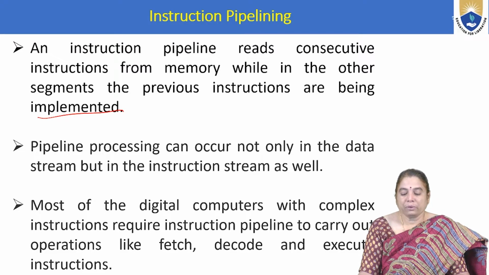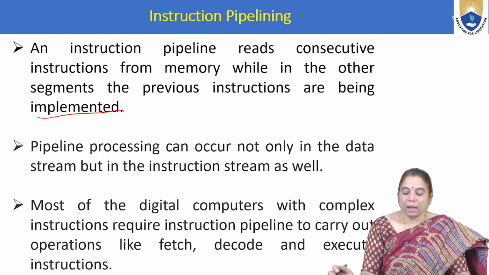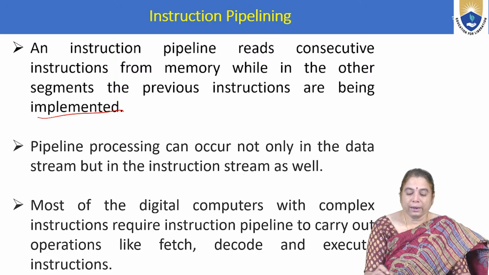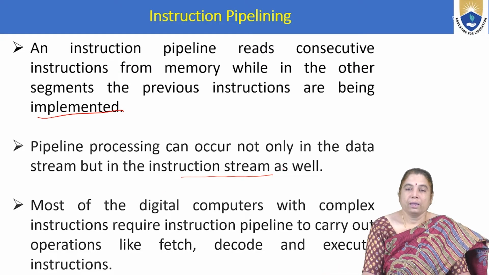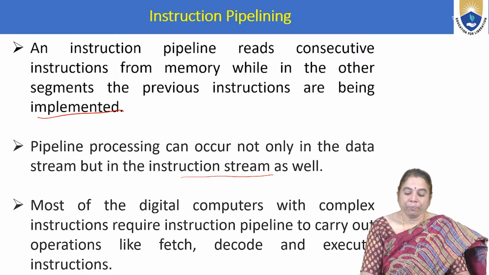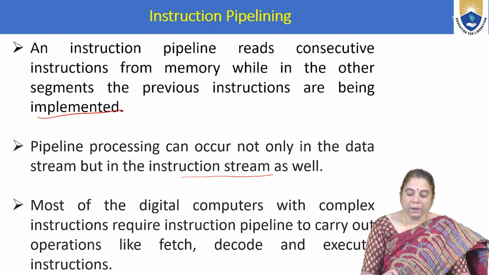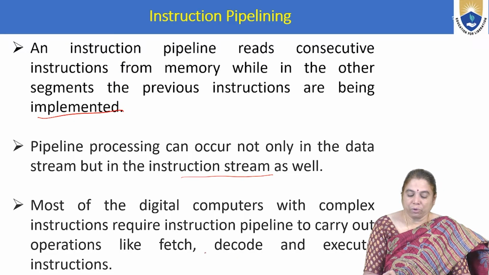So pipeline processing can occur not only in the data stream but in the instruction stream with the help of the instruction pipeline. Most digital computers with complex instructions require an instruction pipeline to carry out operations like fetch, decode and execute the instructions.